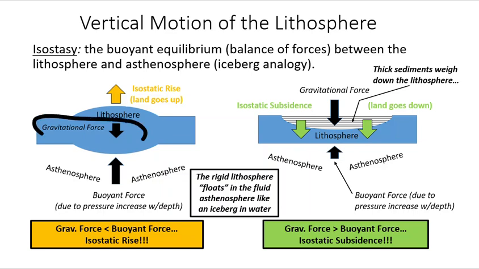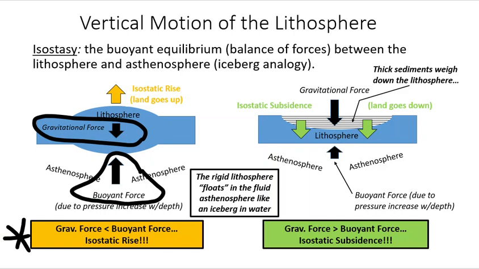That's what's shown right here. But as we've talked about in the last couple of slides, there's also a net overall upward-directed force called the buoyant force that's wanting to push the lithosphere upward. The bottom line, you can see it here in orange, is that if the gravitational force is less than the buoyant force, we get isostatic rise and the land pops up.